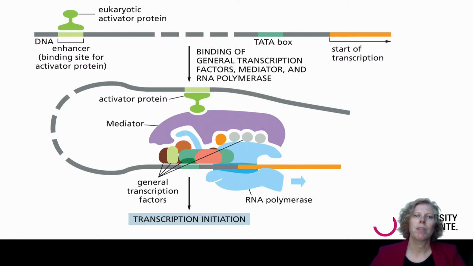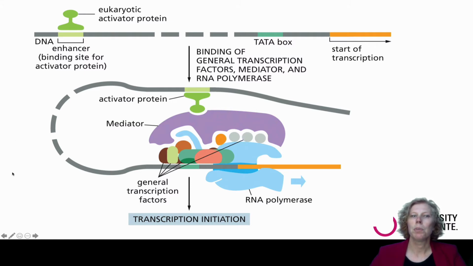These tissue-specific regulators can bind at a large distance from the transcription start site by binding to a distant enhancer, here shown in green. This binding attracts a complex of proteins, including RNA polymerase and the general transcription factors that bind to the promoter.